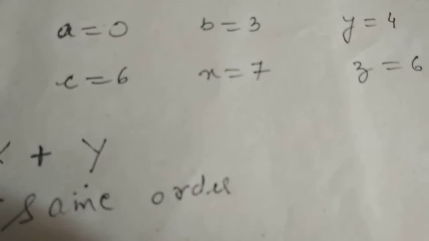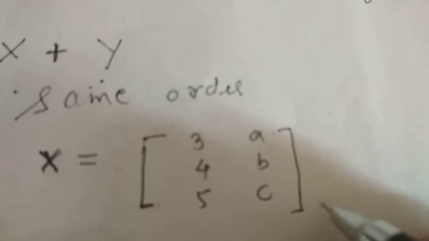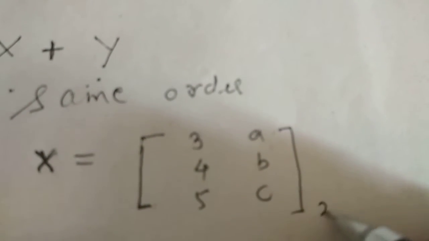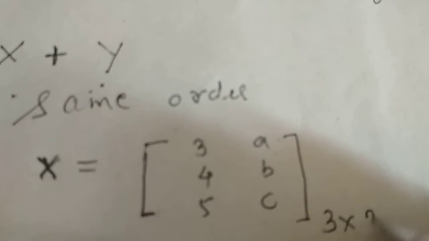For example, matrix X has 3, 4, 5, and then A, B, C. What is the order of this matrix? Its order is 3 rows and 2 columns.